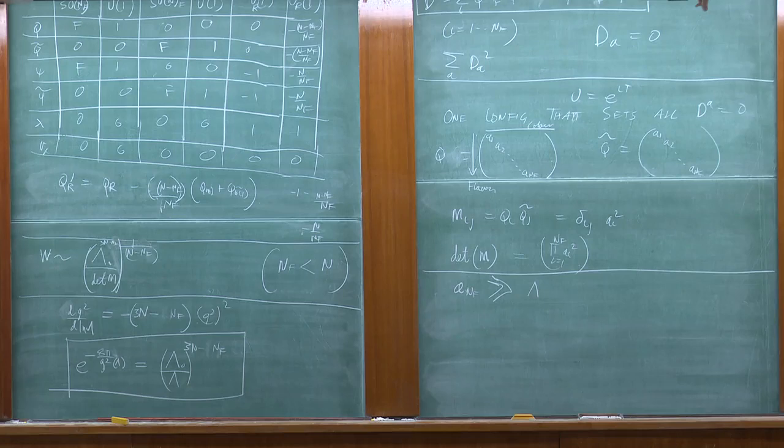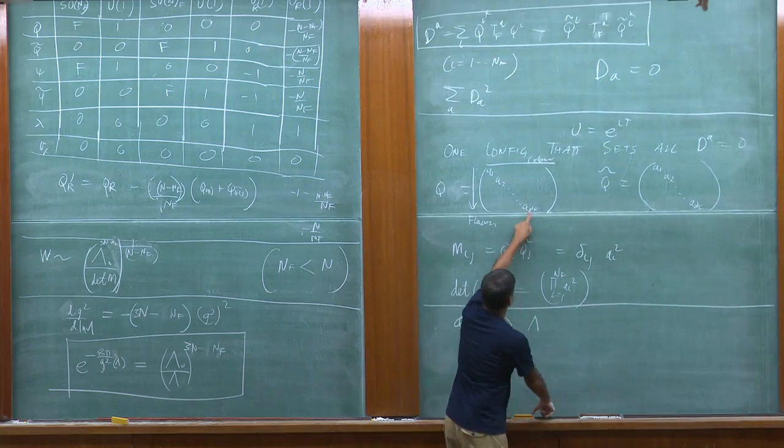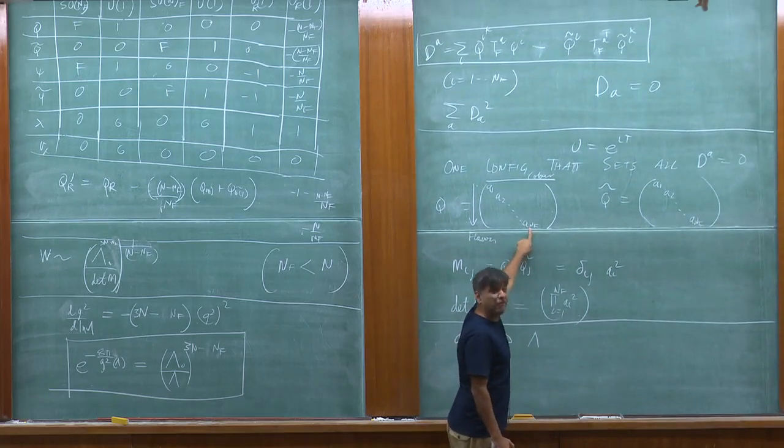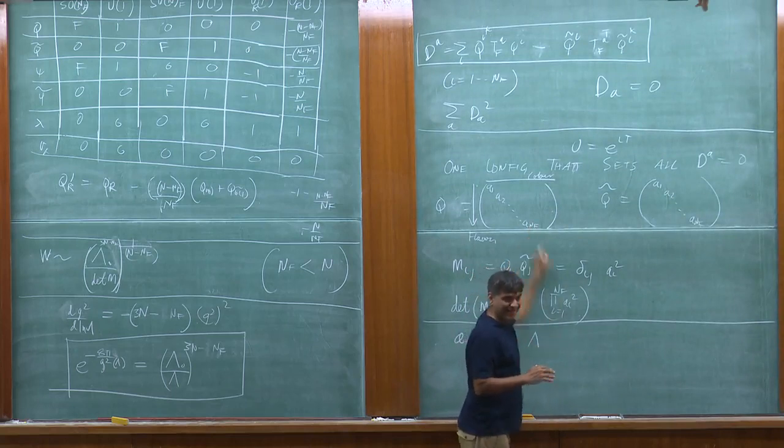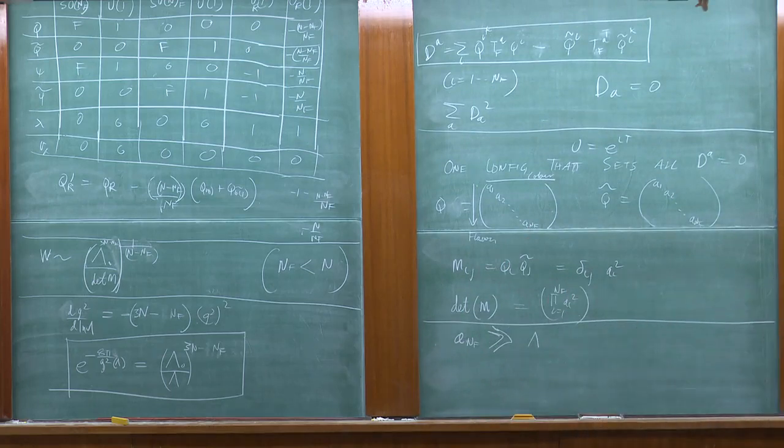Right? Because you see, this A and F here was an expectation value of a colored field. At scales below A and F, the SU(N) gauge theory is effectively Higgsed down to SU(N-1).